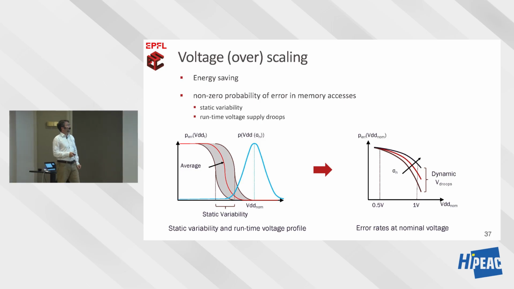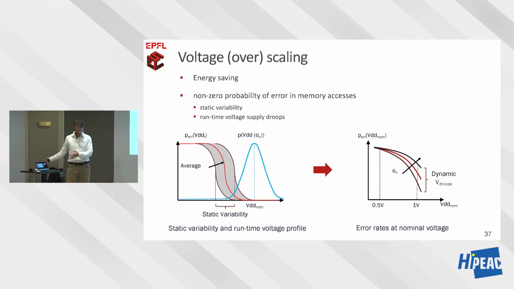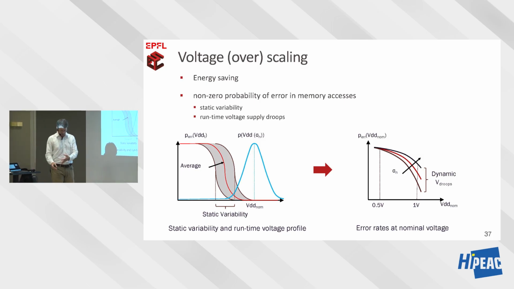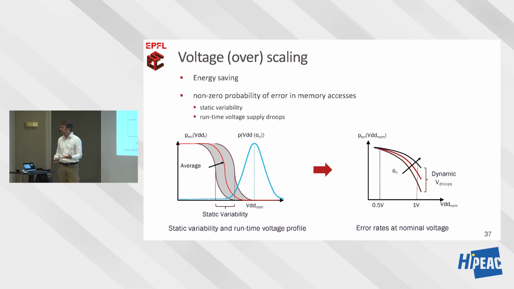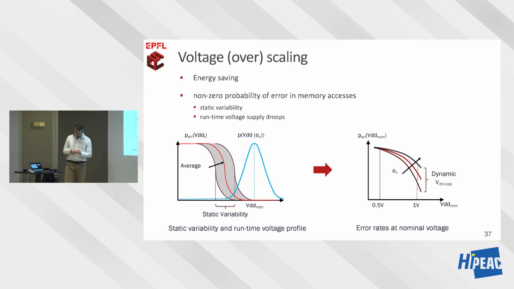Our scenario in this case was to look at possible errors which are induced by aggressively scaling down the voltage. When we start to scale the voltage down, the first thing which fails are SRAM memories, and they fail in a statistically predictable pattern.